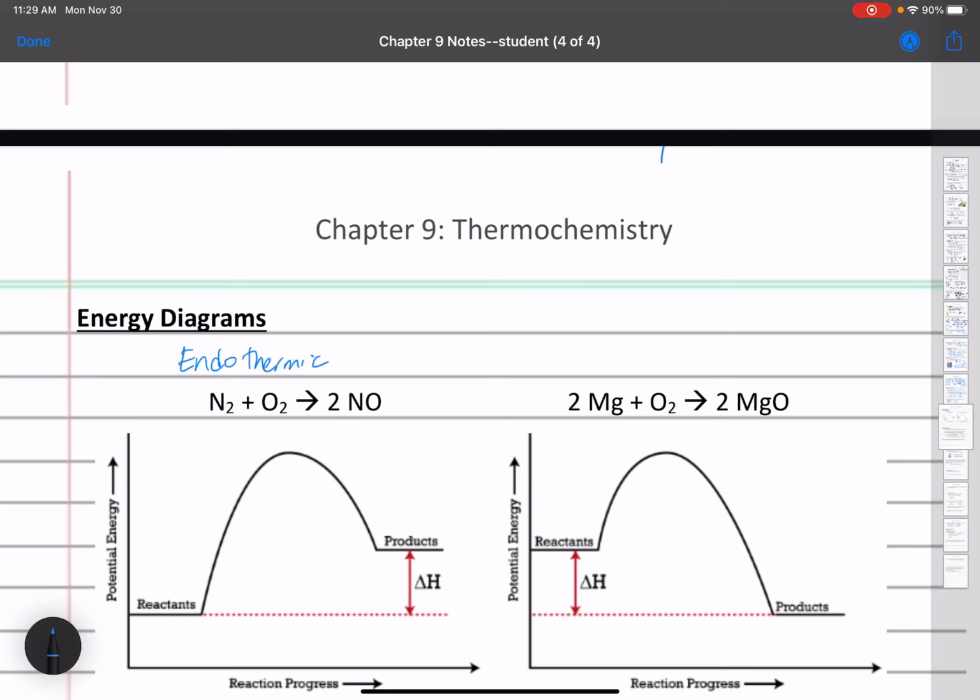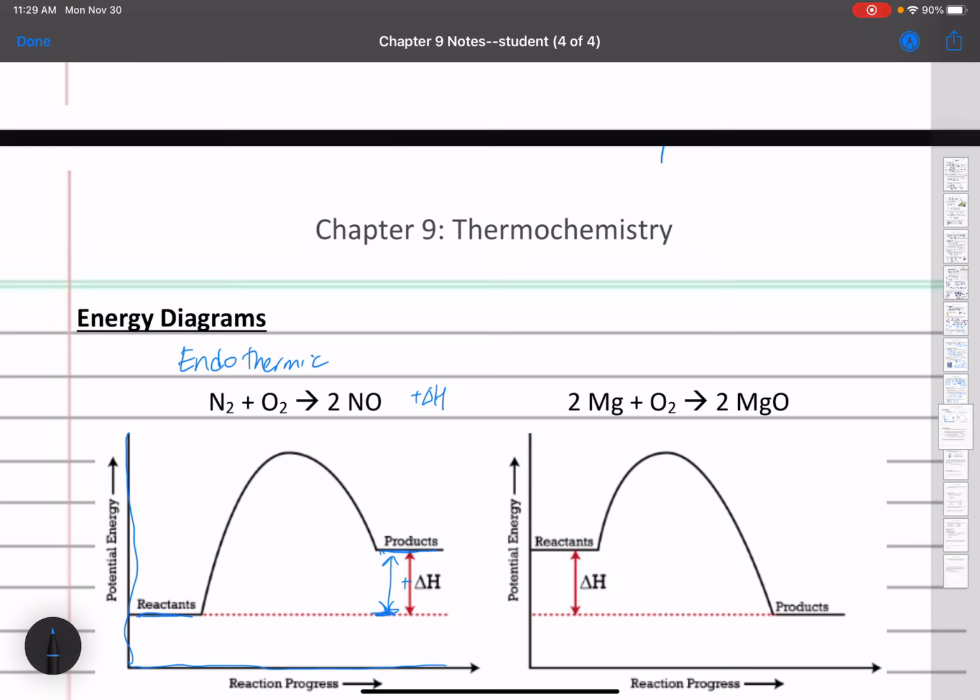So delta H is positive. If we were to graph this out in a reaction energy diagram where we have time on the x-axis and energy on the y-axis, the reactants have some amount of energy, the products have more energy. So the change in heat here, the heat of the reaction, is positive, it goes up.